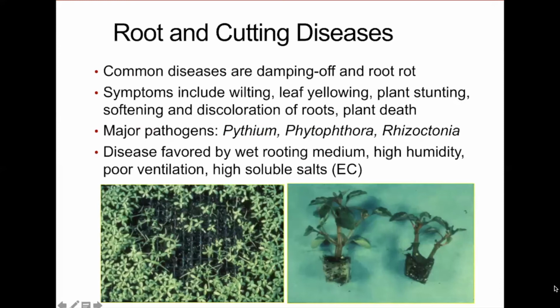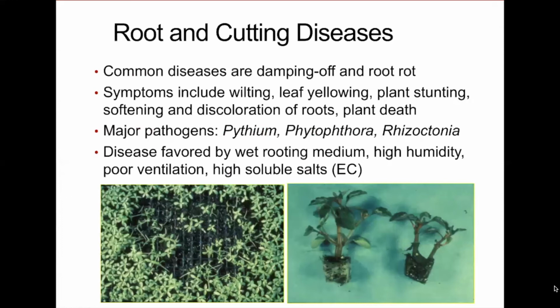You see a lot of those plants that are so close together, so that foliage is touching each other. There's not so much air circulation happening here. So that's that poor ventilation. But you could manage this by having spaces in between your plant material, and you can also have different fans coming in. And high soluble salts, EC, can also play a role in this.